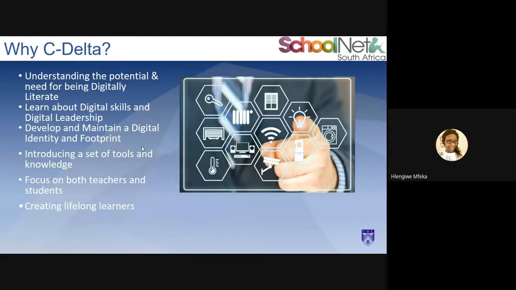You will also be introduced to a set of tools as well as knowledge. This is very important. I like this. I like the idea that with this program, it's not only information, knowledge, skills, but there are also resources that you will have access to.